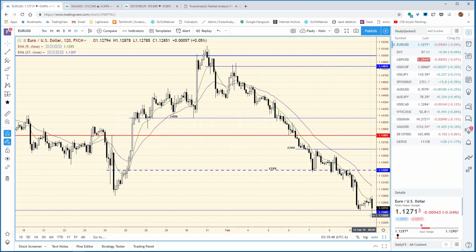Now we are a little bit, but once again, the support didn't come until 1234. We had some on this 2-hour chart here down to 1267. We're defending that a little bit, but want to keep an eye on these bonds for sure.